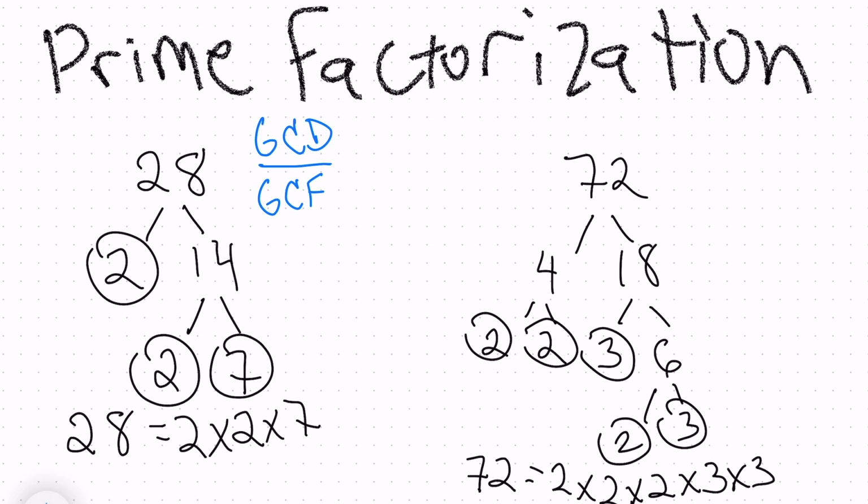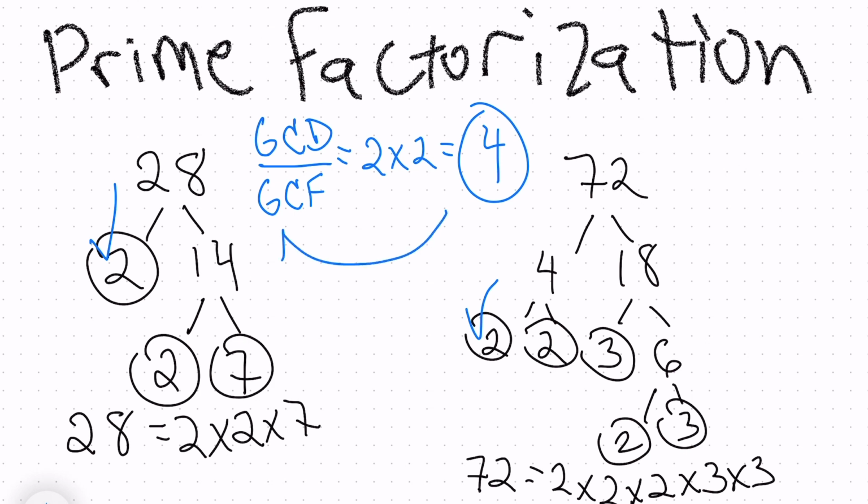So in order to do this, we look for the numbers that are in common. Here we have a 2, and here we have a 2. And so in order to find our greatest common divisor or greatest common factor, we simply multiply 2 times 2, which will be the answer of 4, which is our greatest common factor, or again, greatest common divisor.